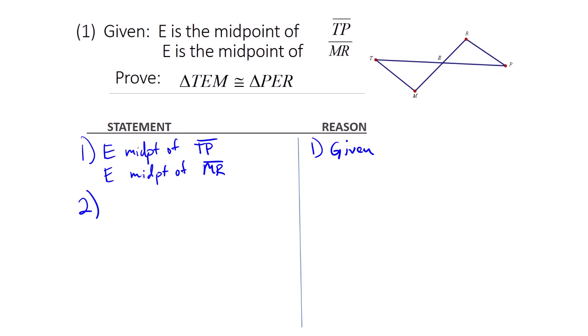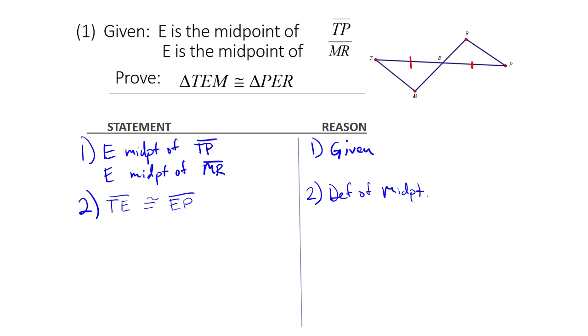So I can use that to say, okay, well, if this is TP, that means E is in the middle, which means that EP must be congruent to TE. Okay, so I can say that TE is congruent to EP, and the reason is definition of midpoint. Okay, so the definition of midpoint says that it's a point that divides a segment into two congruent segments.